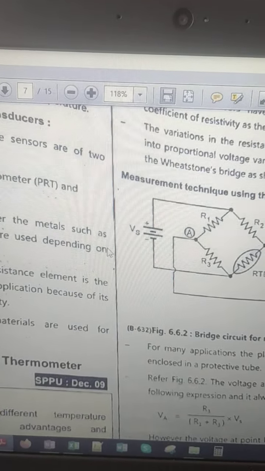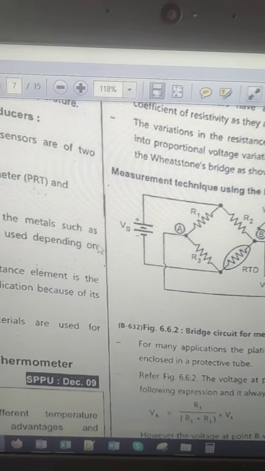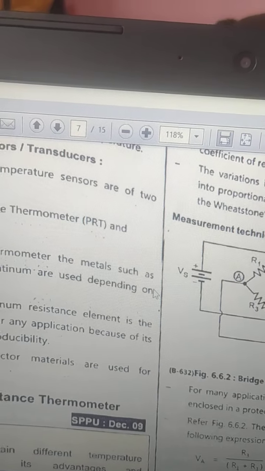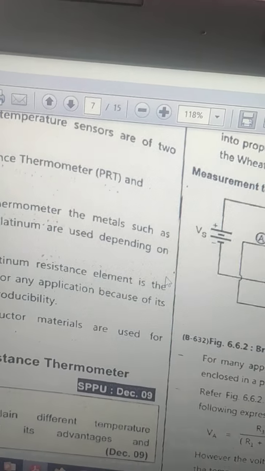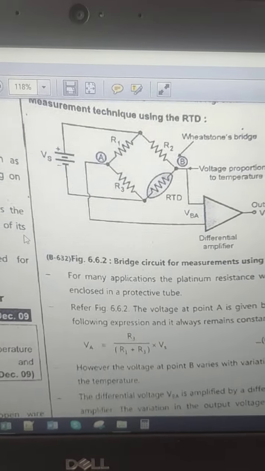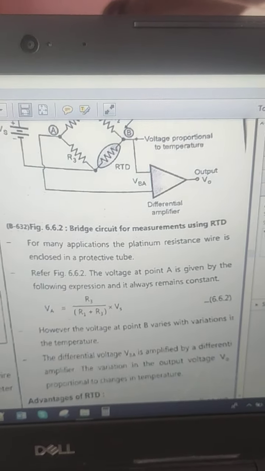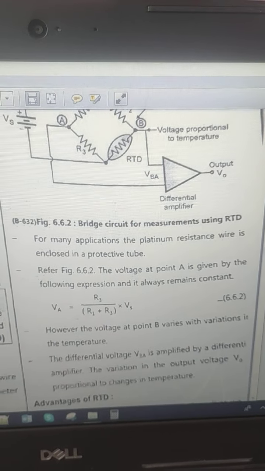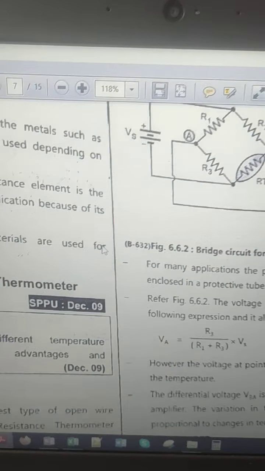Now, the voltage at point A is given by VA equal to R3 divided by R1 plus R3 into Vs. However, the voltage at point B varies with variation in temperature. So the differential voltage VBA is amplified by the differential amplifier, and the variation in output voltage V0 is proportional to the change in temperature.